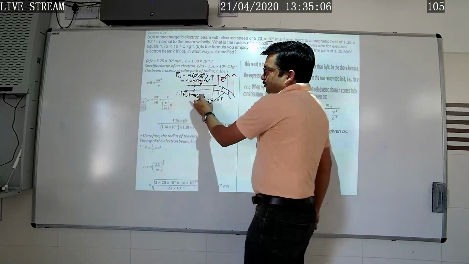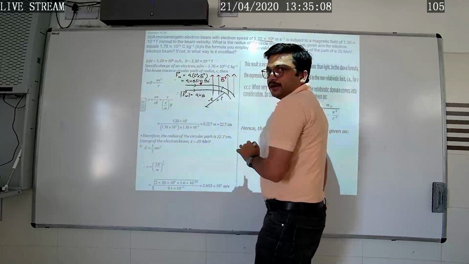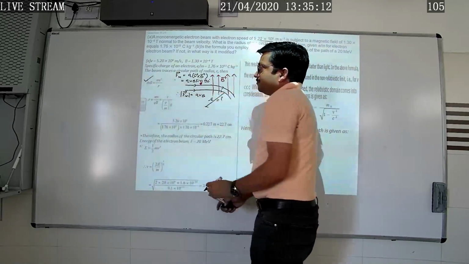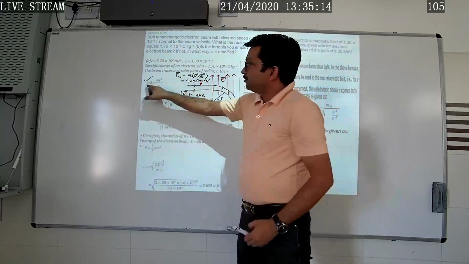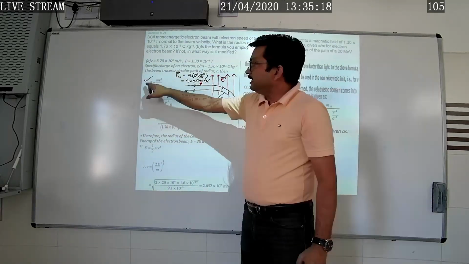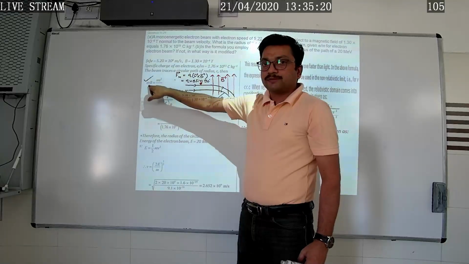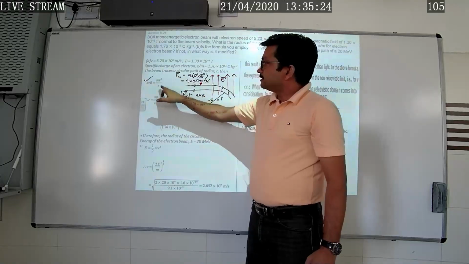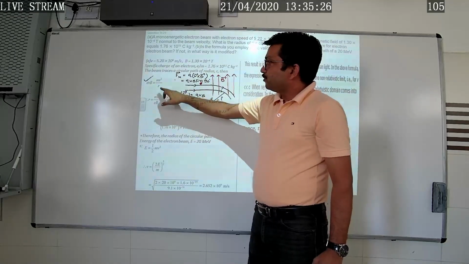This force is responsible for providing the centripetal force. That's why we have written eBv here. Why have we written e here? Because the charge of the electron is denoted by e. So v is the velocity of the electron beam, B is the magnetic field, and this is equal to the centripetal force.